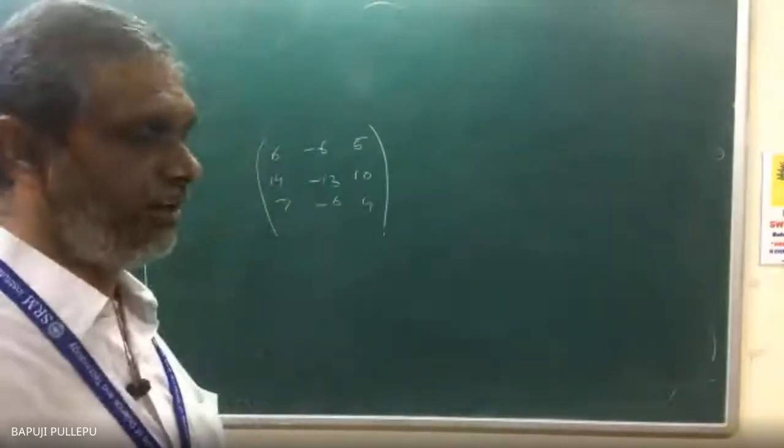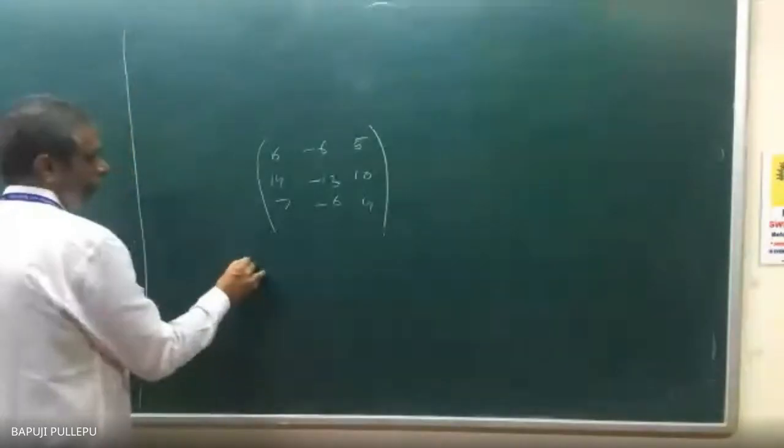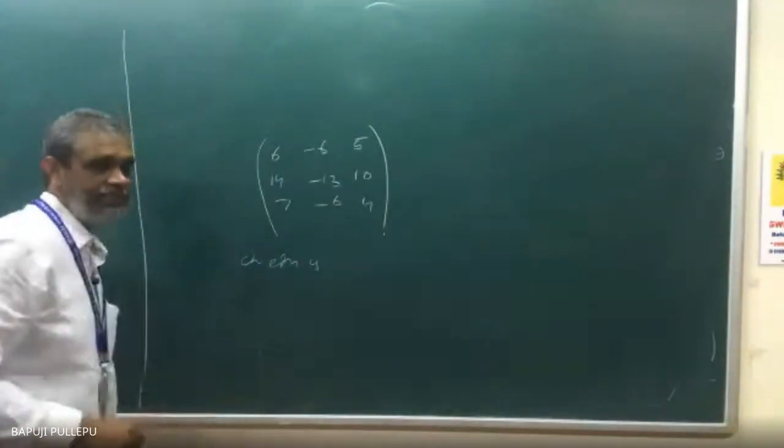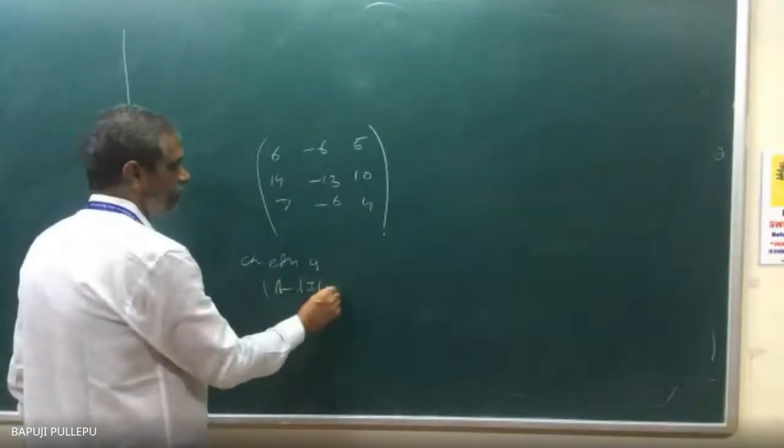But I will write some steps, because you can continue with that problem, or we can start again. To find eigenvalues, what is the characteristic equation? I will skip the steps; go over them again if you want. Determinant of A minus lambda I equal to 0.